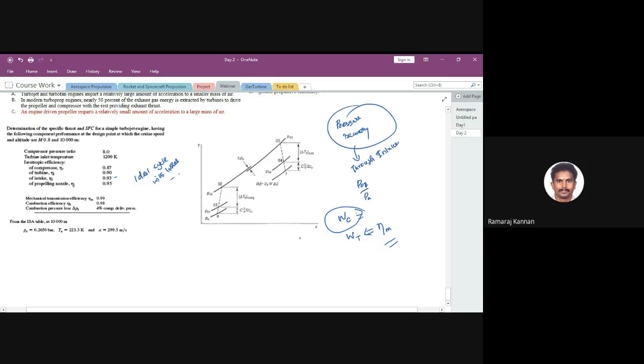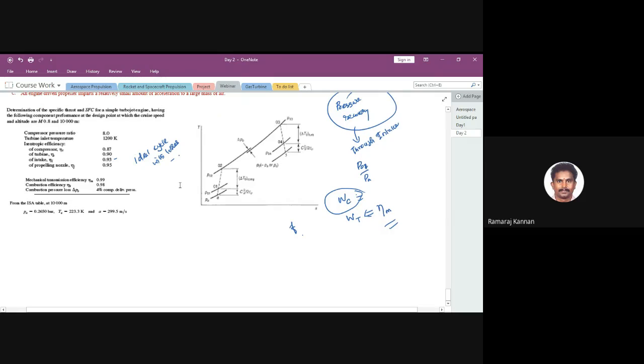Or if I want to find the fuel-air ratio f, that also I can find out. Can we go ahead? Are you okay? Okay. So we are going to solve this problem, and we will make sure that we answer any questions related to the simple turbojet.